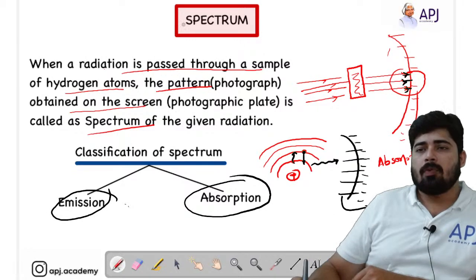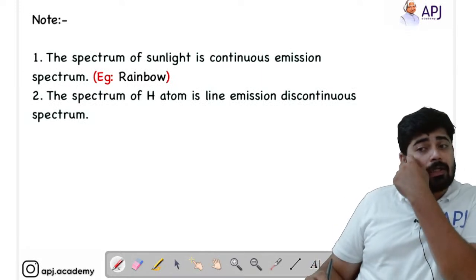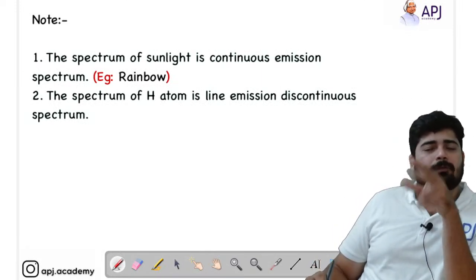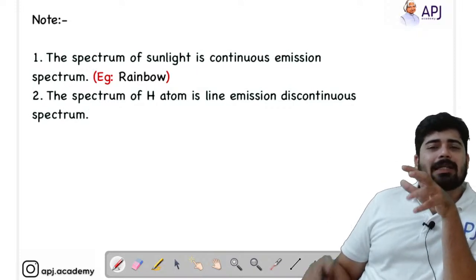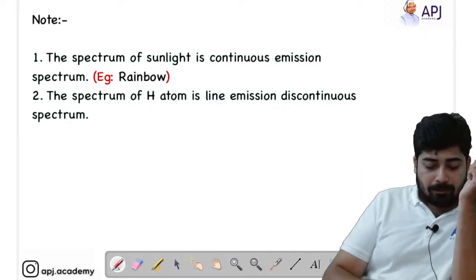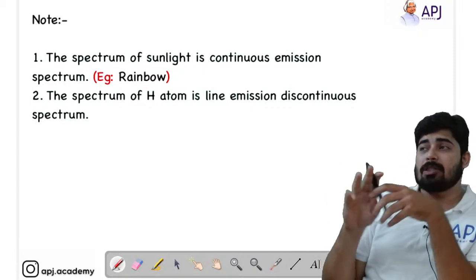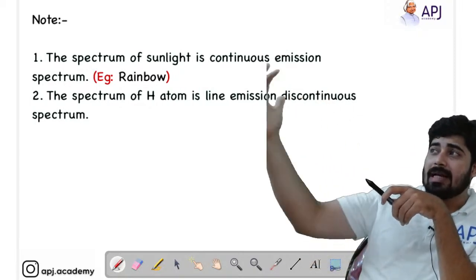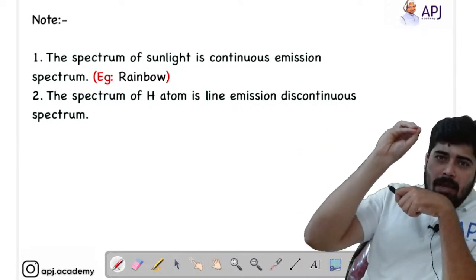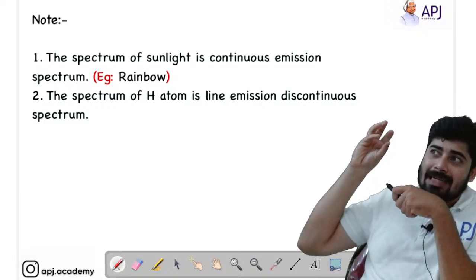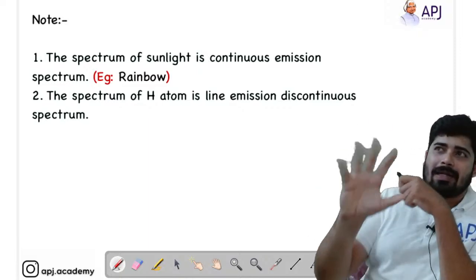Yes. Now we will move on to the next one. So here is the basic example of two different types of spectrum. We see the spectrum of sunlight, which is continuous, that is a continuous emission spectrum, because sunlight, we know that the light or the energy is emitted by the sun, and when this emitted radiation passes through a screen of water or humidity or water vapor, what happens?